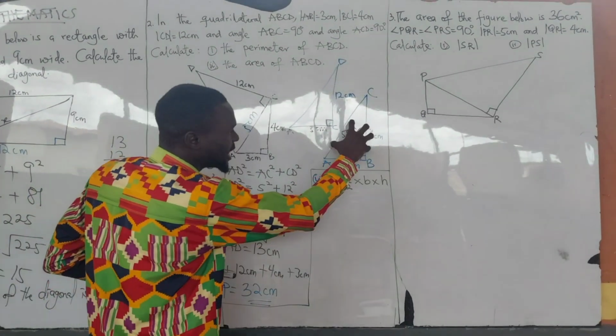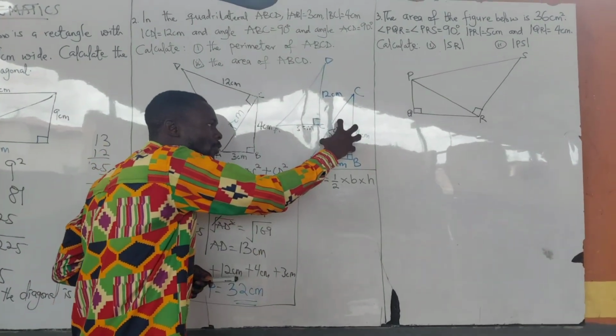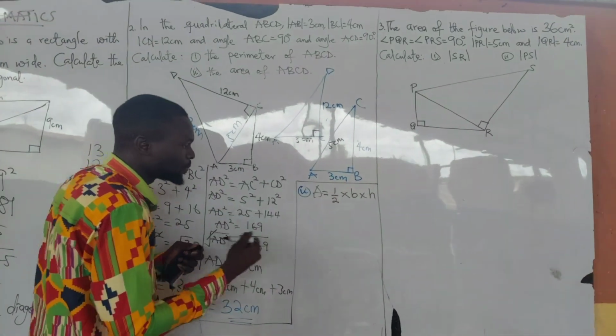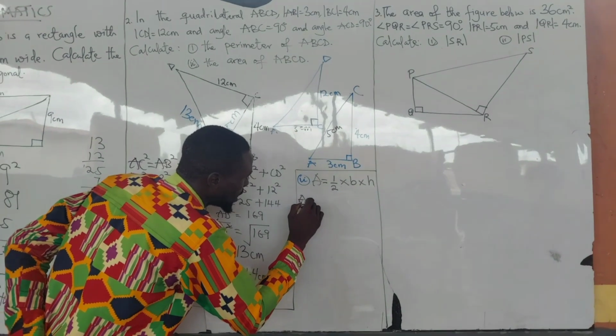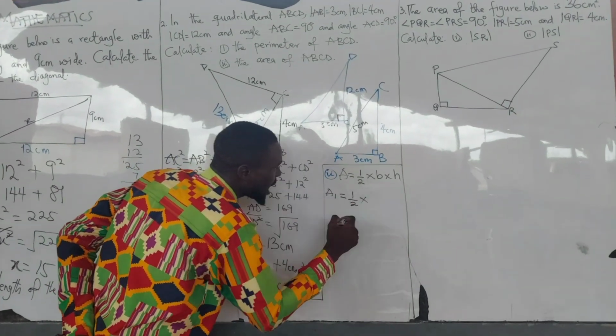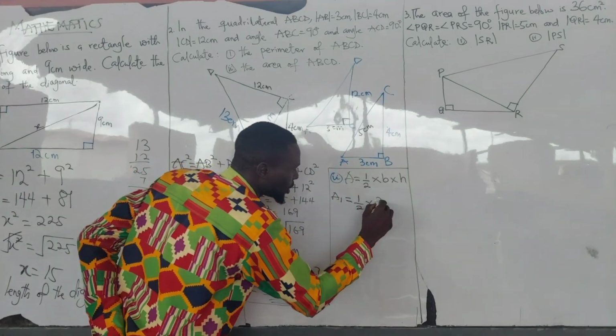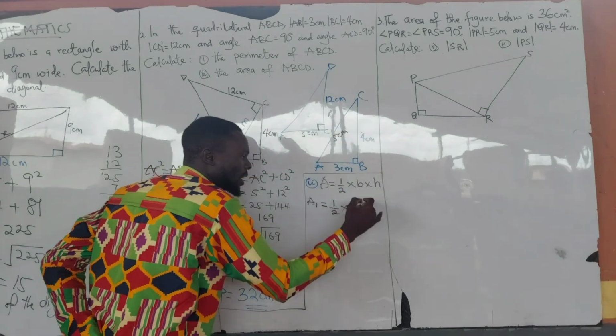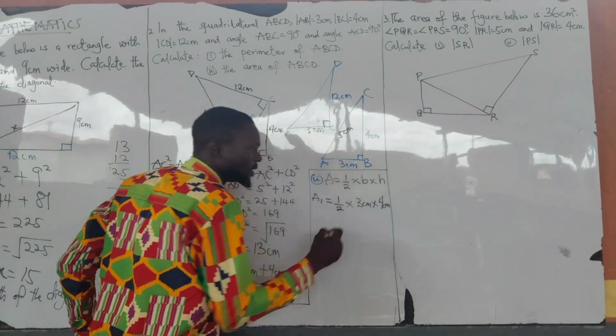So now let's take this triangle and calculate the area. If I want the area of this triangle, let's say area 1 is equal to half times the base of this triangle, 3 centimeters, times the height of this same triangle, 4 centimeters.